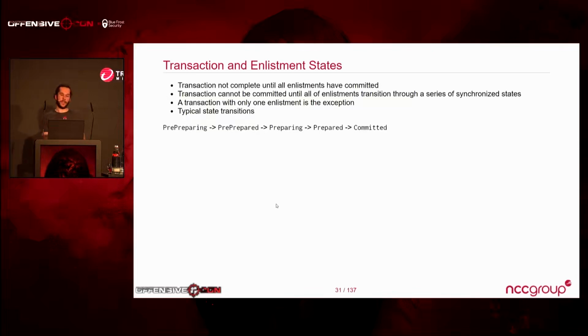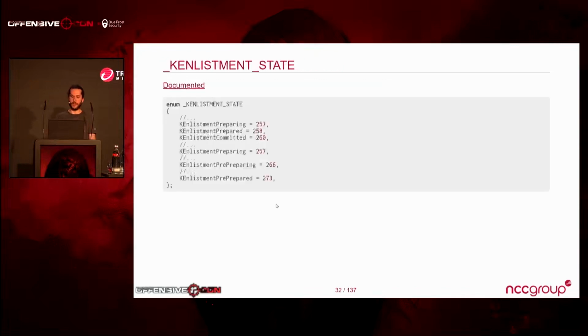Basically, if a transaction has several enlistments associated with it, all the enlistments need to sync to a specific state so the transaction can move to that same state. This was very important because, since there isn't much research on KTM, we had to define objects to the specific state so we could trigger the bug in the first place.